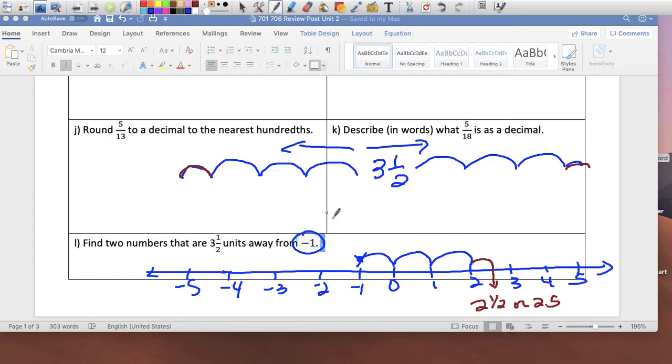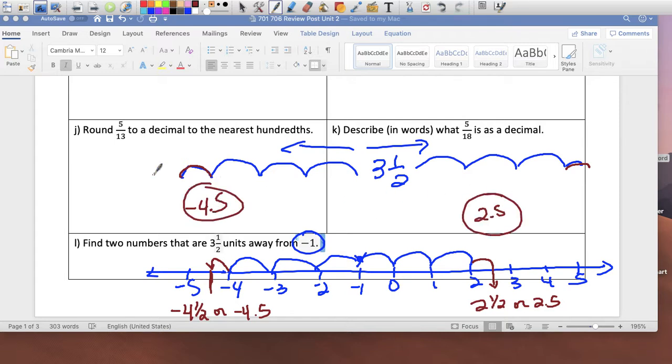Let's do the other side. 1, 2, 3, and a half here, with red color. What's this number right here? That number is negative 4.5. So two numbers: negative 4.5 over here and 2.5. So there are my two numbers that are 3.5 units away from -1.